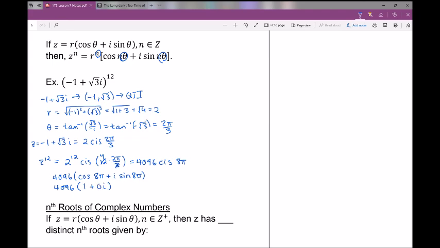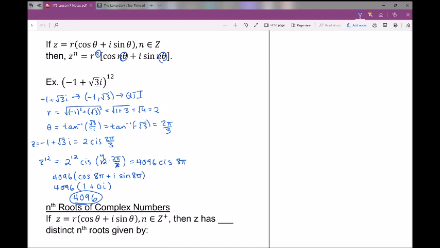So if we were to go ahead and distribute this out, we would just get that our answer is 4096. Okay, and to me that is a lot easier than multiplying this number by itself 12 times.